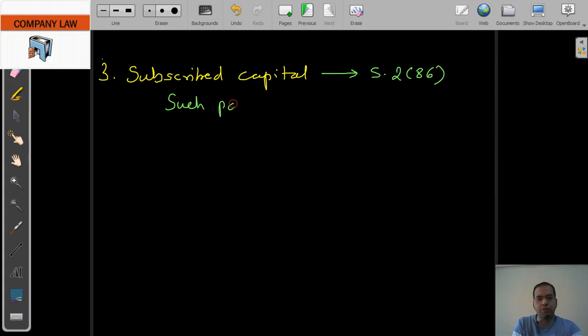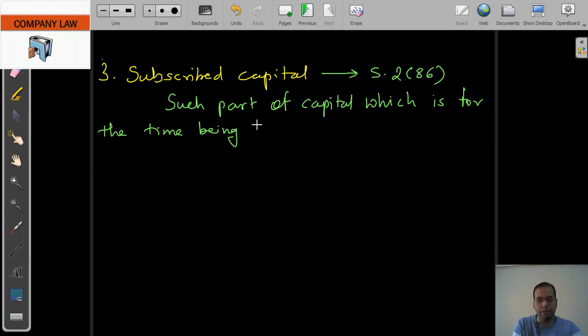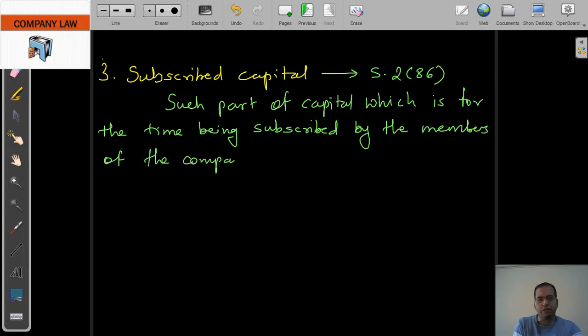It is such part of capital which is for the time being subscribed by the members of the company.